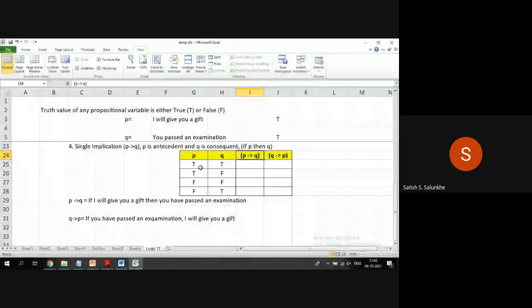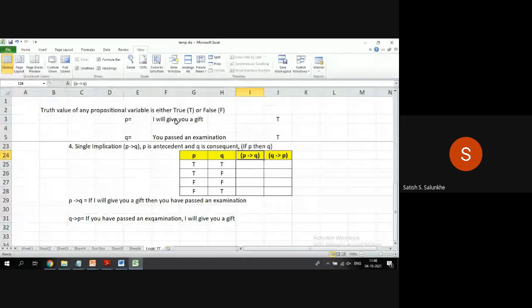If P is true, and now you are away from your commitment, that is, the truth value of the single implication is false. So I will just go with respect to this example. I have given you a gift. Okay. What is the promise that I have given to you? If you pass an examination, I will give you a gift. Okay. Now what is P implies Q? I have given you a gift.